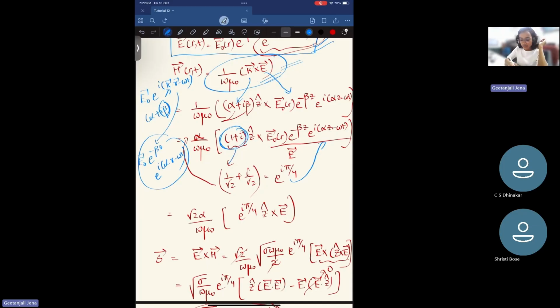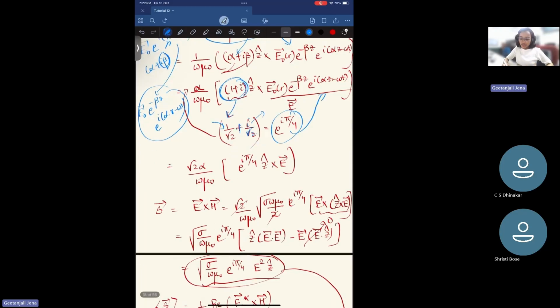That is why I have multiplied by root 2 and divided by root 2. So 1 by root 2 plus i by root 2 is nothing but cos pi by 4 plus i sin pi by 4, which is e to power i pi by 4. So this is the phase factor we have simplified.